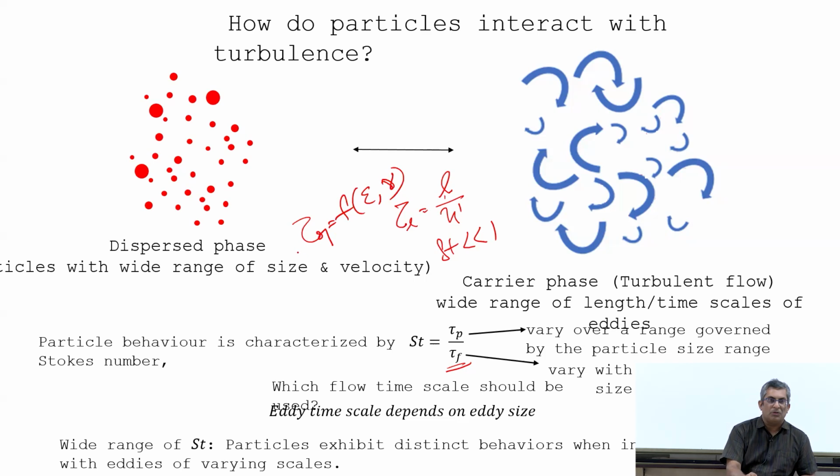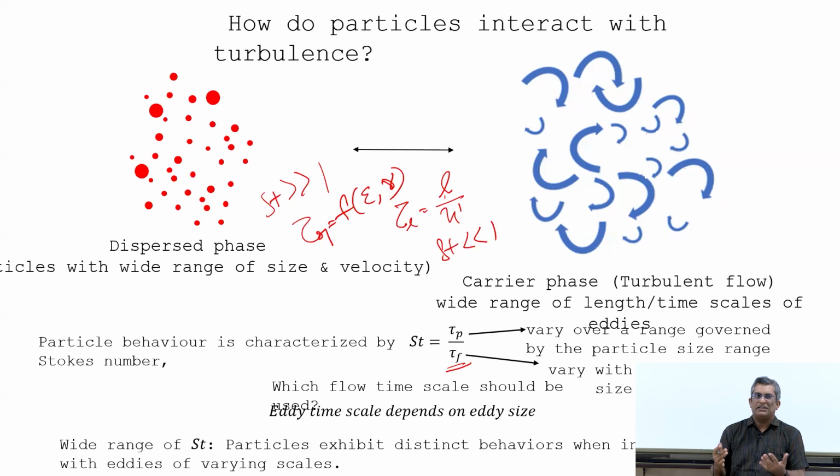So now if you calculate this, you may find that in this case the Stokes number is much greater than 1. So this means that the particle, when it is interacting with small scale eddies, is behaving like a ballistic particle. That is, as far as small scale eddies are concerned, the particle would just pass through the eddy without interacting with it. This is just one scenario.